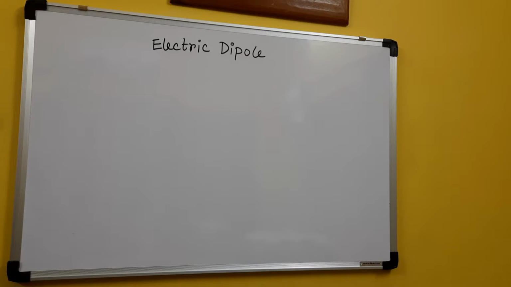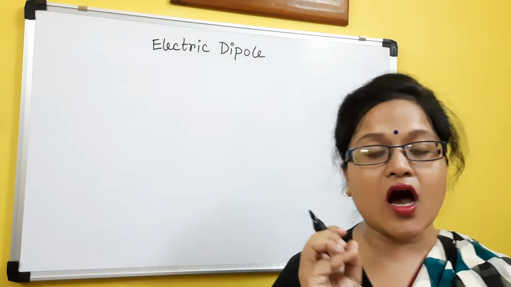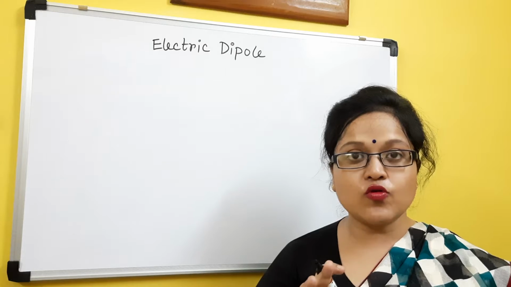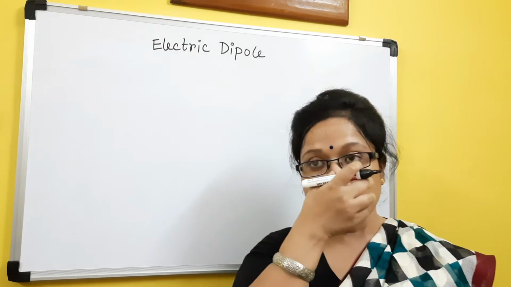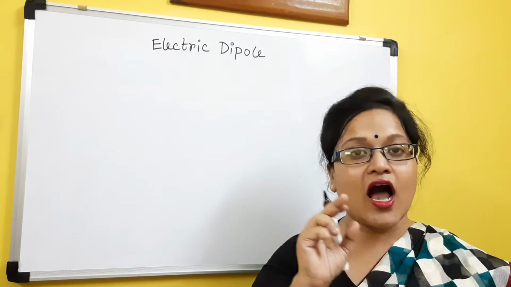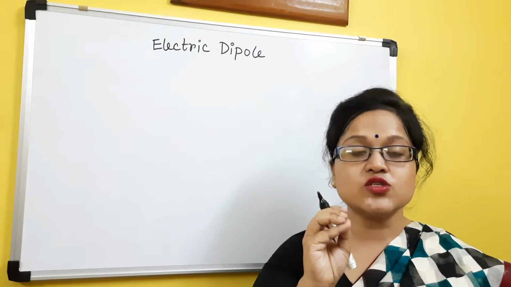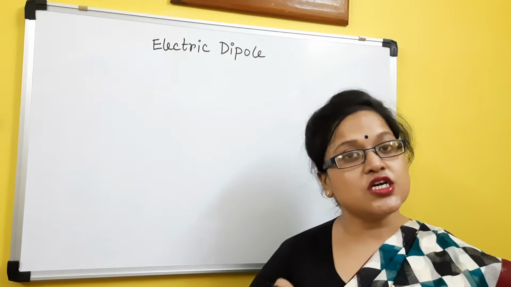Those who are familiar with chemistry know very well every molecule consists of what? Atoms. Or if it is a compound matter, then it is composed of molecules. So it is seen that an atom has a nucleus and outside we have electrons. In the nucleus we have positively charged protons and chargeless neutrons.